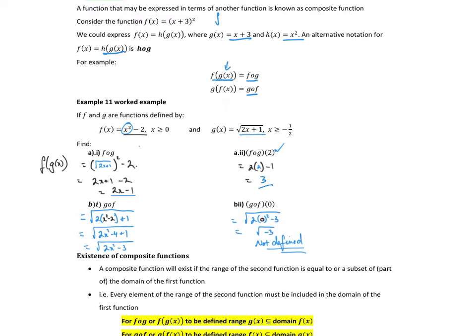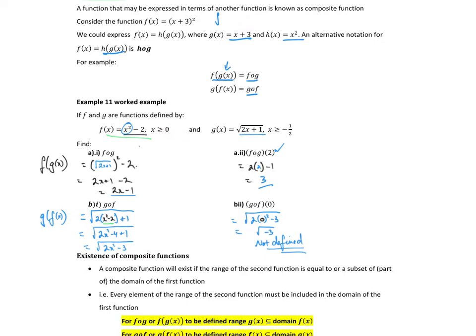Similarly, we can work out g of f. G of f can be written as g of f of x, so that gives you the order. Substitute f of x into the function. We've substituted x squared minus 2, which is the f function, into the g of x function.